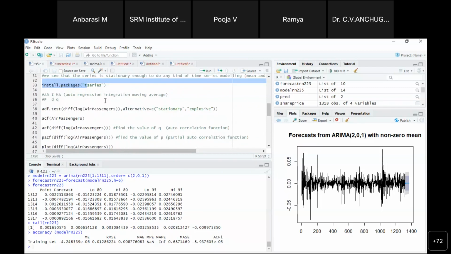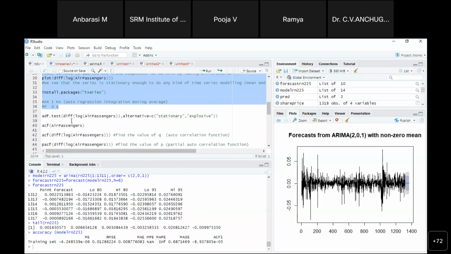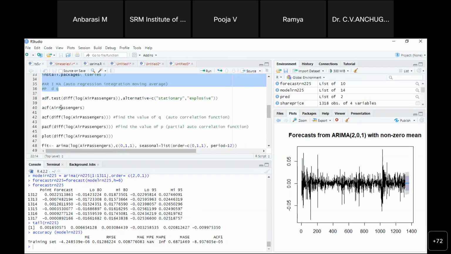Once you have done this, we can calculate this test. After calculating the test, we have to check it, and we can calculate the p value and q value. Using the ACF function and the PACF function, we can calculate it.